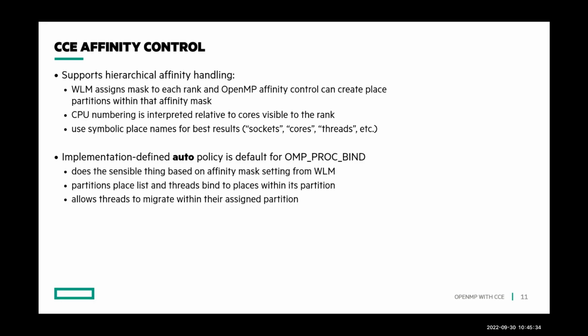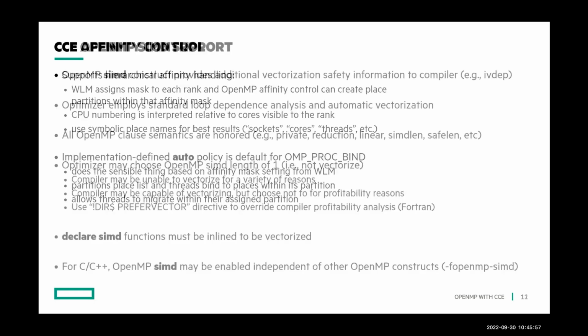But it does allow for threads to migrate within the partition. So it's not necessarily bound to a specific place in the partition, but it's bound to a set of places within a partition. That's how that works. If you do procbind equals true, then that will map directly to spread. It's just an alias for spread in our implementation.